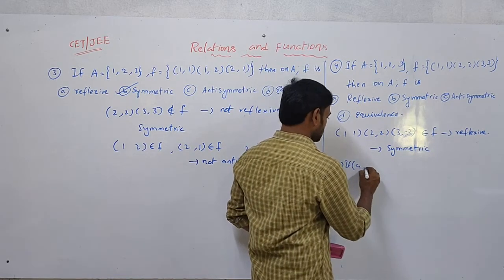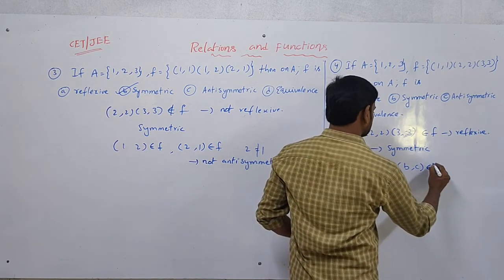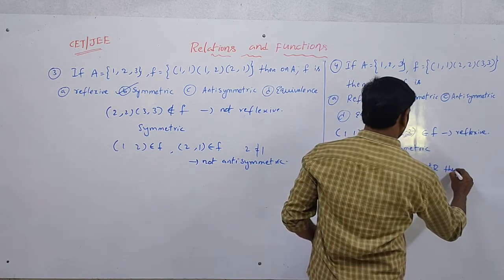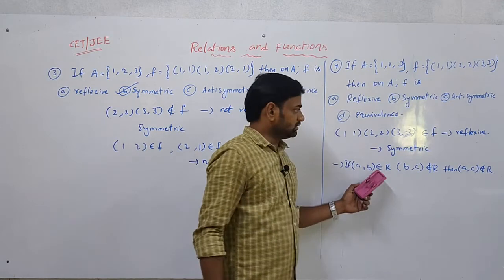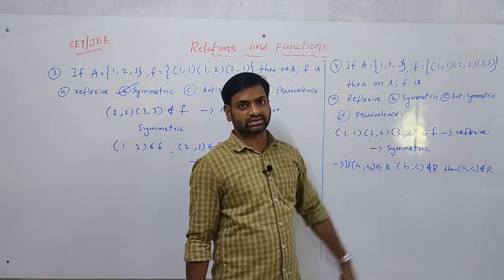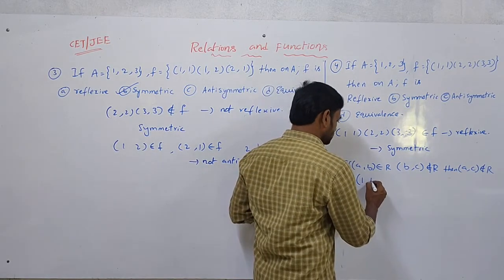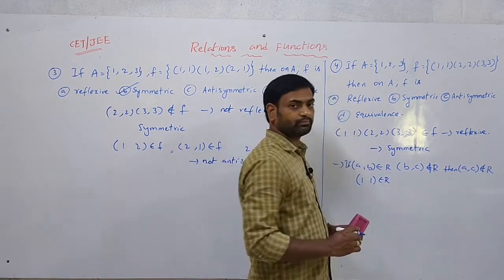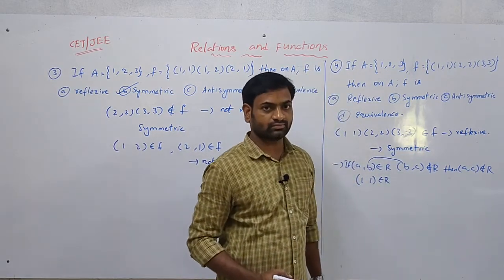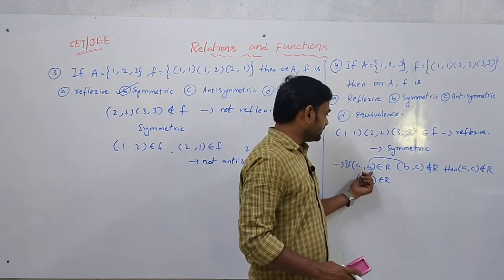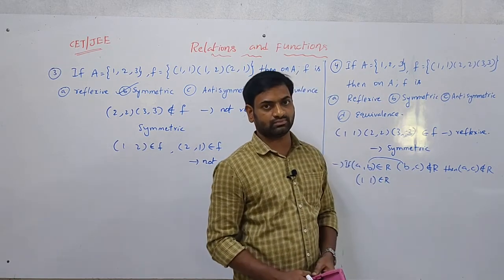If (a, b) belongs to R and (b, c) belongs to R, then (a, c) belongs to R. Here the second element of the first ordered pair and the first element of the second ordered pair should be the same.